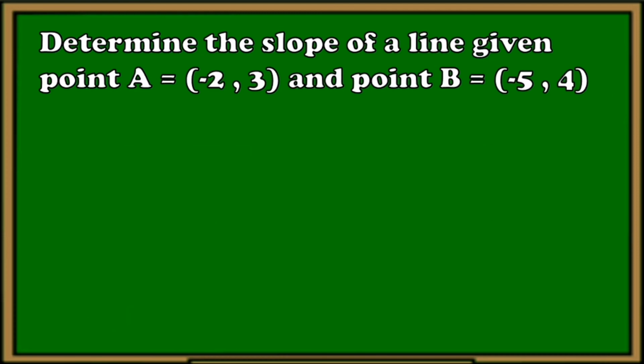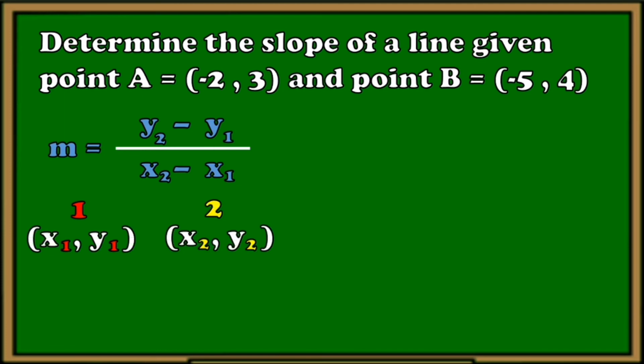Another example. Determine the slope of a line given point A is equal to negative 2 and 3, and point B is equal to negative 5 and 4. Again, we're going to use the formula of slope and this pattern. Under 1, we're going to put the coordinates of point A, negative 2 and 3.